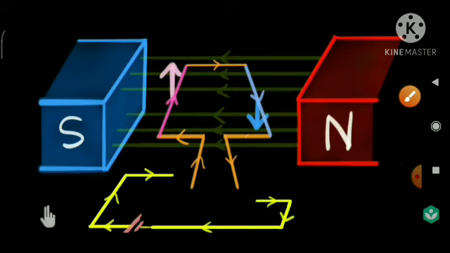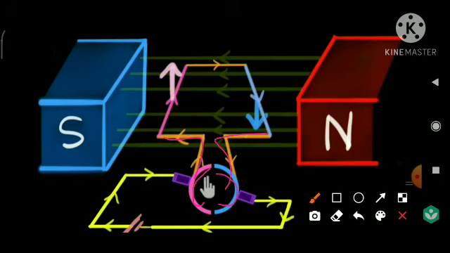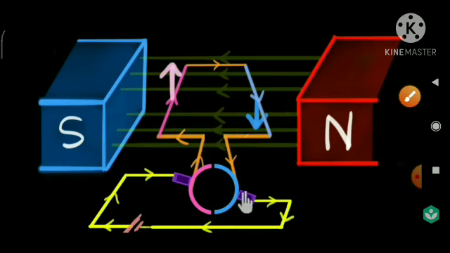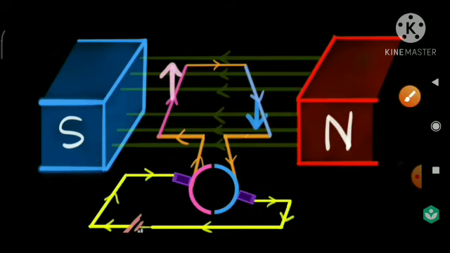After all they cut the wire of the rectangular loop and put two split rings. One split ring is connected to this wire and the other to this wire, and they are connected only by touching, like a brush. Carbon brushes only touch the split rings.